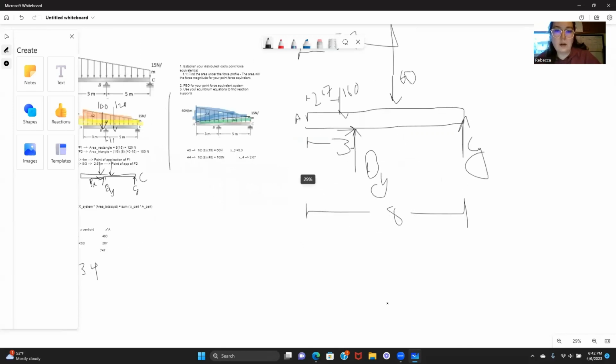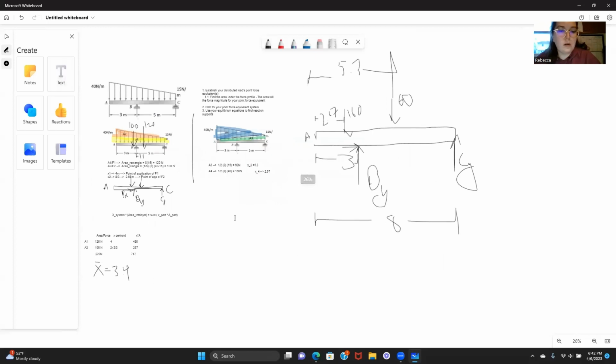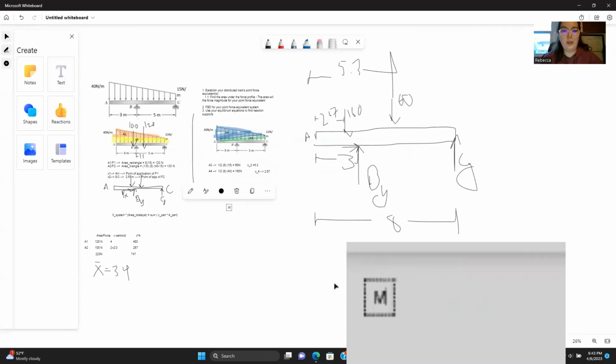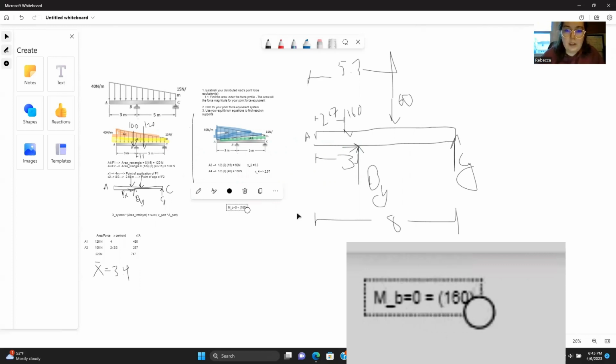Okay. Same thing. Let's go in with the summation of moments about point B equal to 0, because we are in equilibrium. Otherwise, we're collapsing. So this 160 is at a perpendicular distance of 3 minus 2.67.